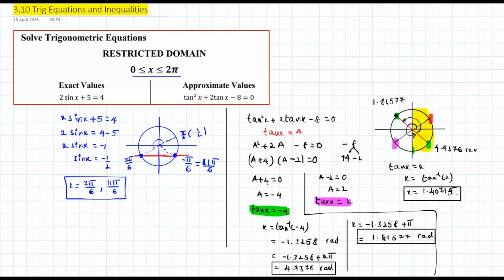But we need the angle in the third quadrant also, so we can add pi to this angle and we will get this third quadrant angle.